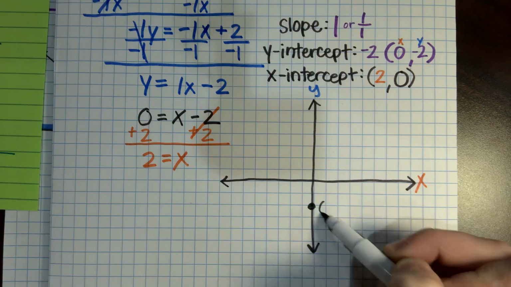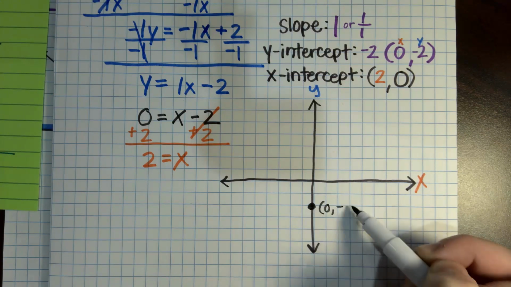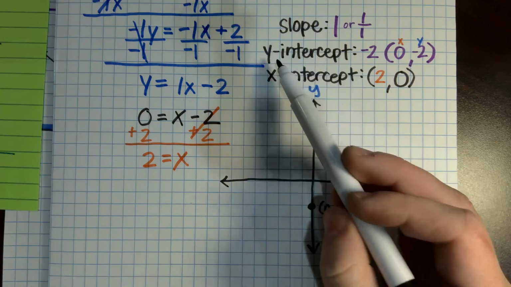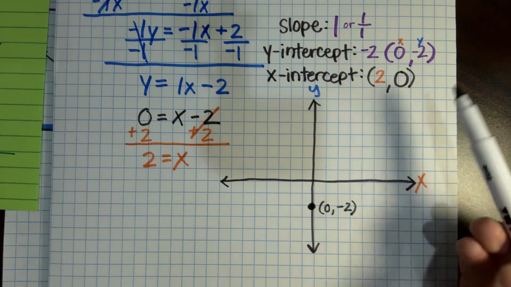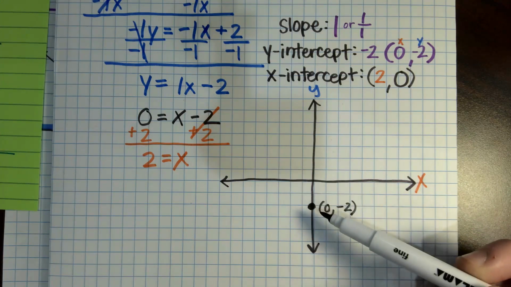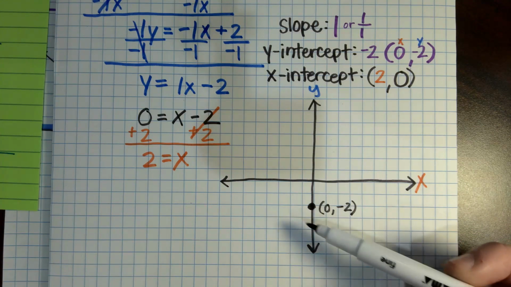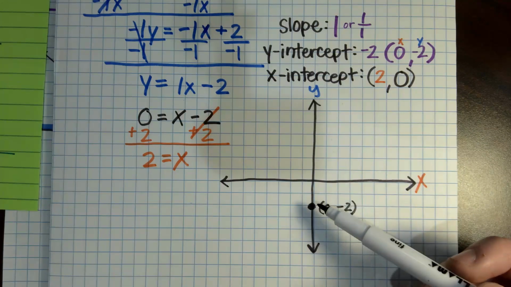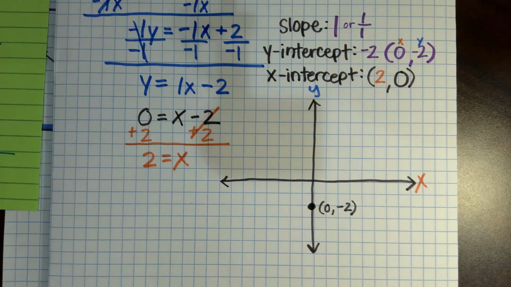And I'm going to label that 0, -2. And notice that the y-intercept is just wherever the line is touching the y-axis. So your x is always going to be 0 for a y-intercept because it has to touch the y-axis.